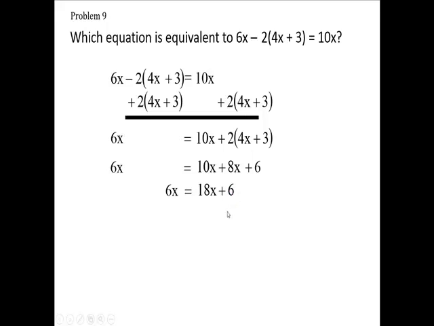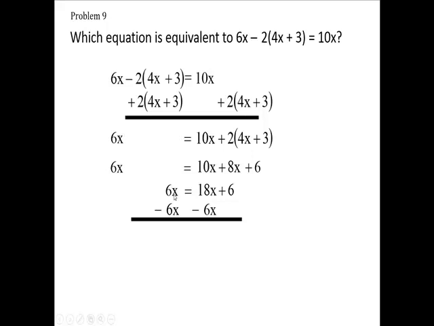Now, I'm going to subtract the smaller of the x terms. In other words, what's smaller, 6x or 18x? That's the smallest one, so I'm going to get rid of him. I'm going to have 12x here plus 6 equals, and everything's going to cancel over here. Hey, you know what?